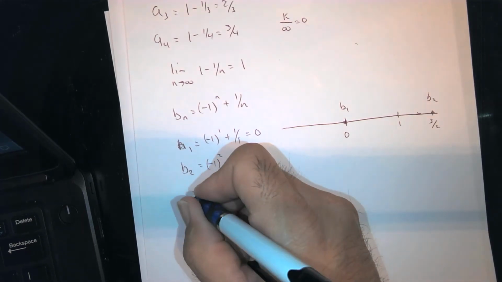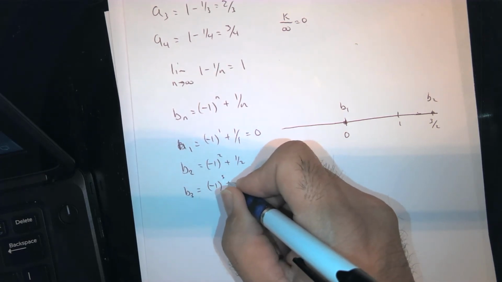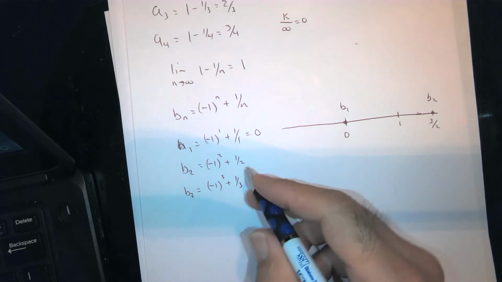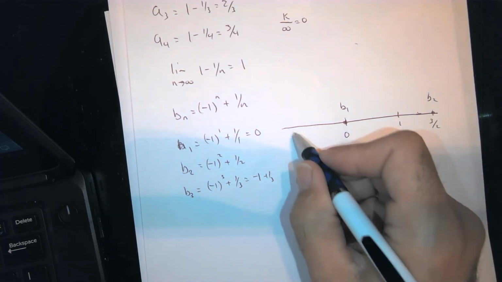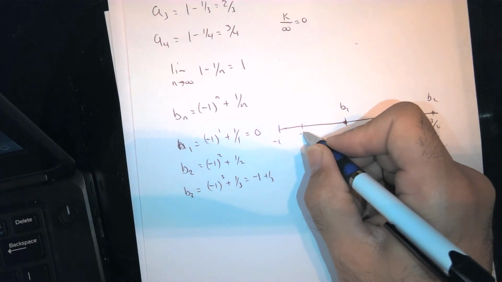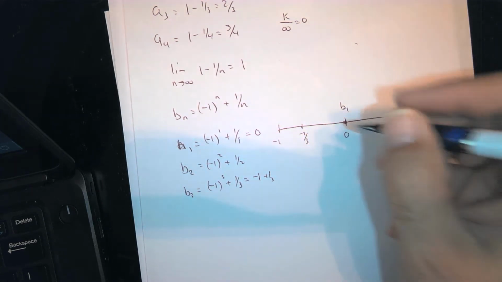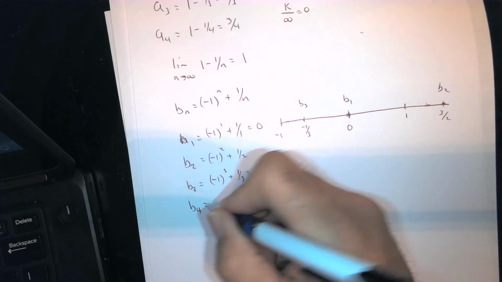Well, let's see what b sub 3 is going to equal. It's going to be negative 1 to the third plus 1/3. That's going to be a negative 1 plus 1/3, which is negative 2/3. So here is negative 1, negative 2/3 is right here. So here's b sub 3. And if we do a couple more, let's do b sub 4.